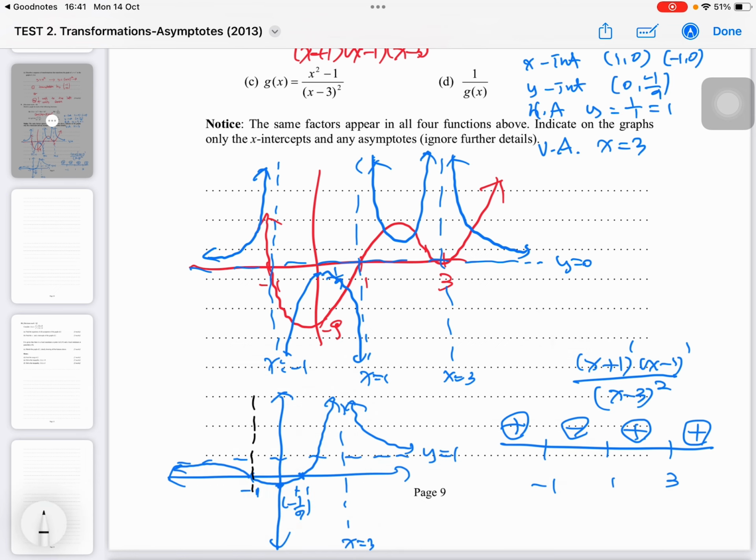So again, here x equals negative 1, x equals 1. And this can be 0. The asymptote becomes 0, 0 becomes an asymptote. And negative 1 over 9 becomes negative 9. Y equals 1, still y equals 1. So this one on the left side was 1, 2, 0.